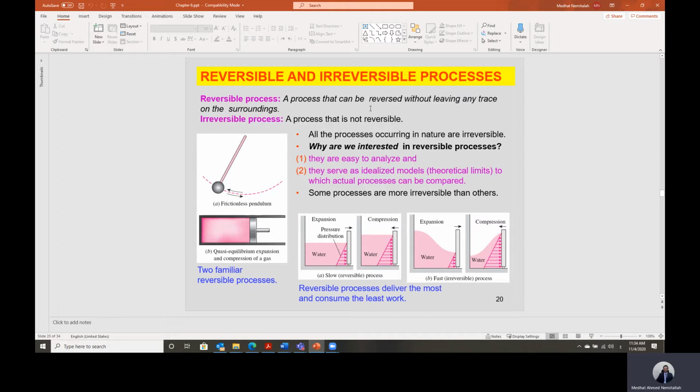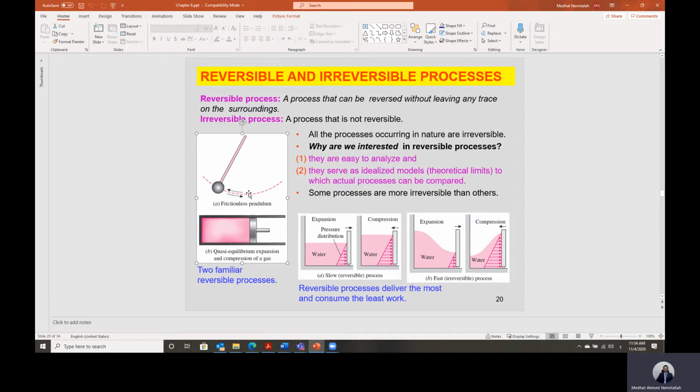But what is the definition of a reversible process? A reversible process is a process that can be reversed without leaving any trace, either on the system or on its surroundings. As long as we don't have any kind of losses, the process can proceed in one direction, and it can be reversed to the other direction.